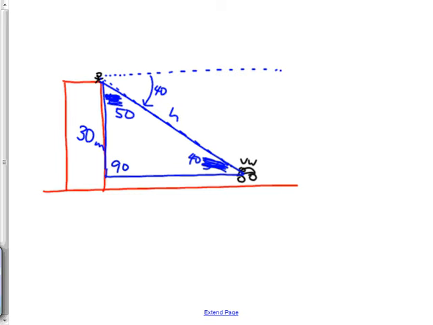What equation did you use, Miss B? Sine of 40, and that would imply opposite over hypotenuse. And what's the opposite? 30 over the hypotenuse, h. Excellent. I erased my little helper things there, and there you have it.